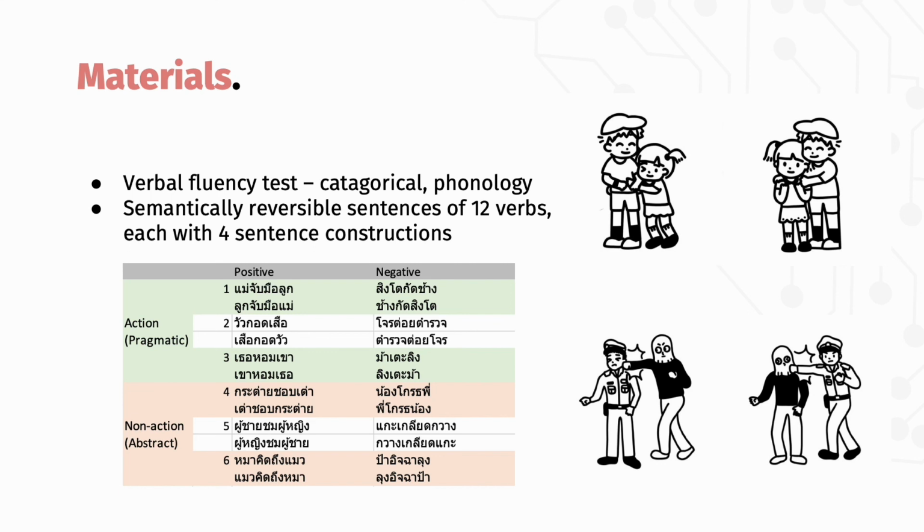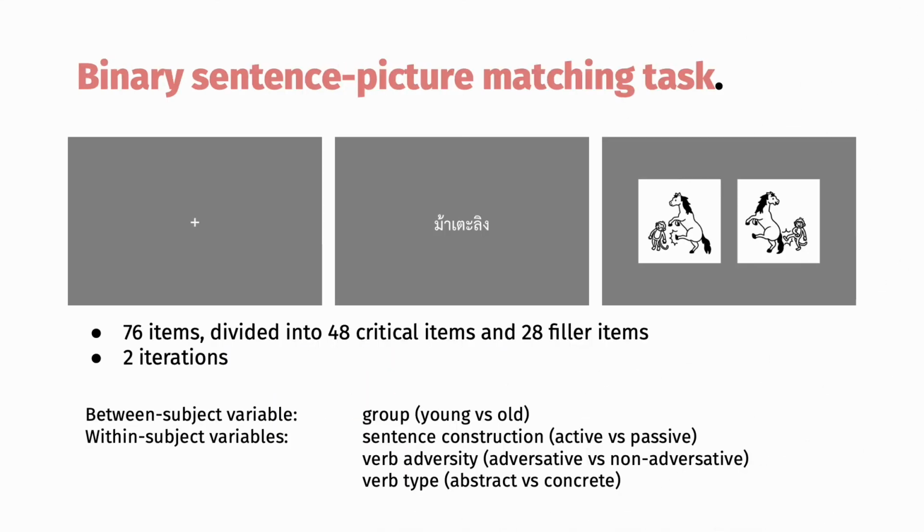So in total we have 48 sentences in the task. The task is a binary sentence-picture matching task, showing the sentence for the participant to comprehend and choose the picture that matches the sentence.